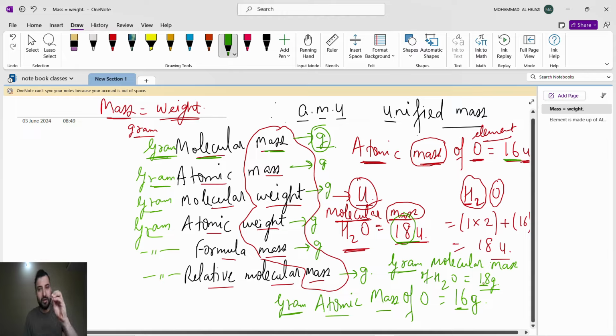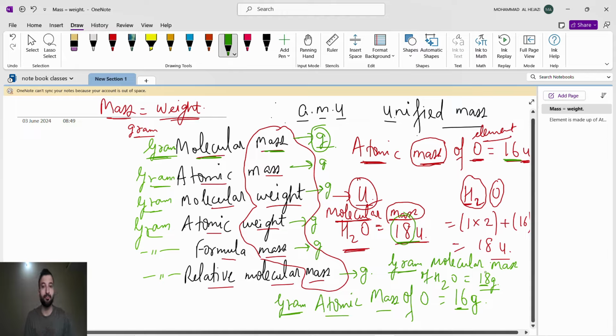So the magnitude, the quantity, will remain the same. What will change? Only the unit will change. And how will the unit change? It depends. If you say only atomic mass, molecular mass, atomic weight, molecular weight, formula mass, relative molecular mass, all are in unit U, unified mass.